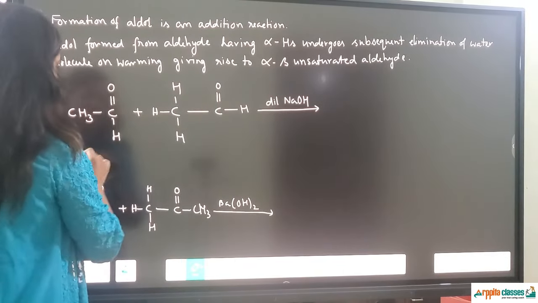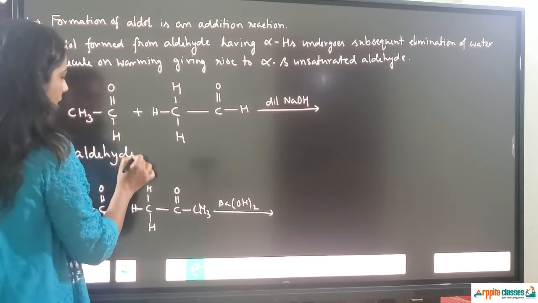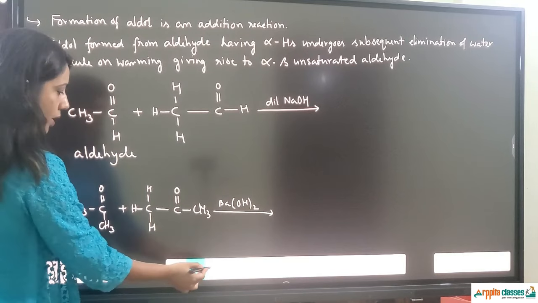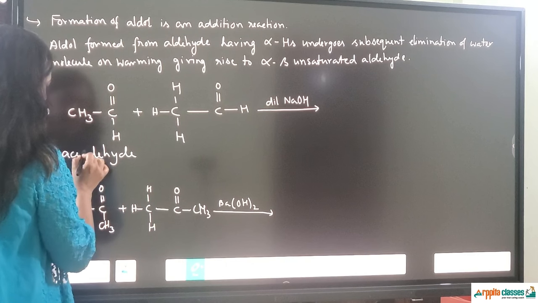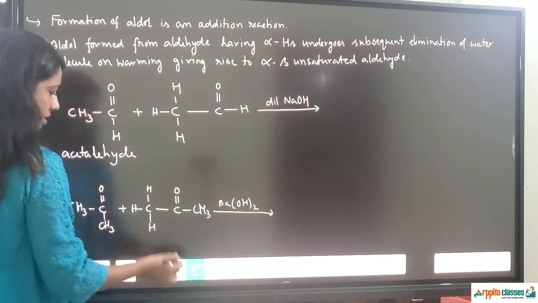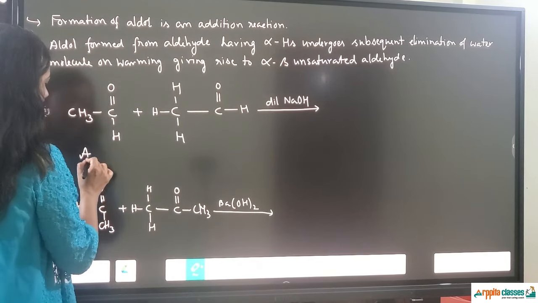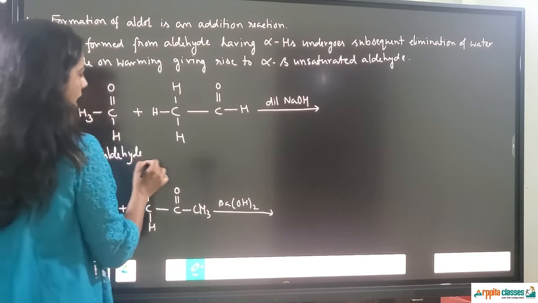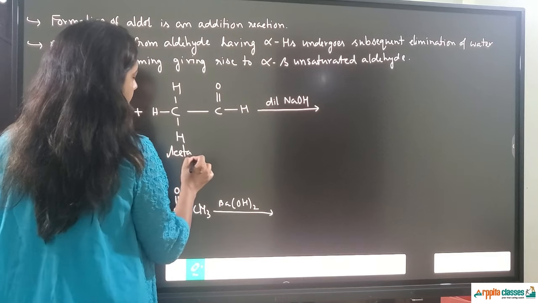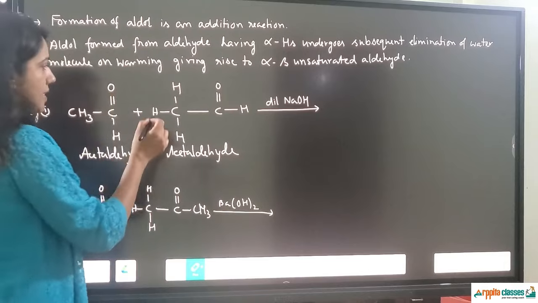So again the same reaction here. You can now see in short, or in one step, how we write. This is acetaldehyde, the first molecule, and this is the next molecule of acetaldehyde in presence of dilute NaOH. Now what is happening?